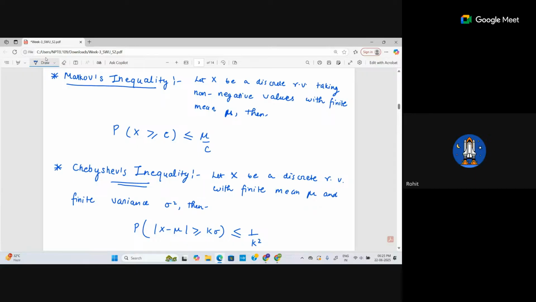And ma'am, how are you saying that expectation or mean is the same thing here? I could not understand that. See, x is a random variable, so when we have random variables, we talk about the expectation, because some probability is associated with them. So in that case, expectation and mean are the same thing.